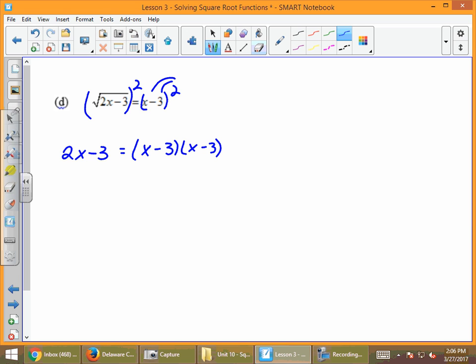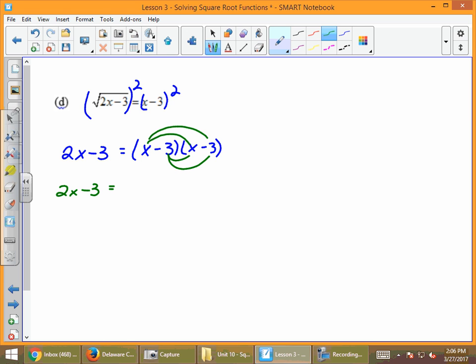Then what do we have to do? FOIL. Whenever you have something like this, don't distribute that exponent. Don't do it. You write it twice and then you FOIL. This guy right here is just going to stay 2x minus 3 for right now.